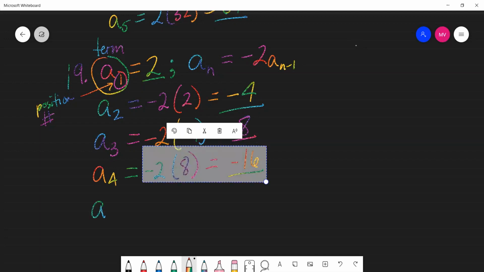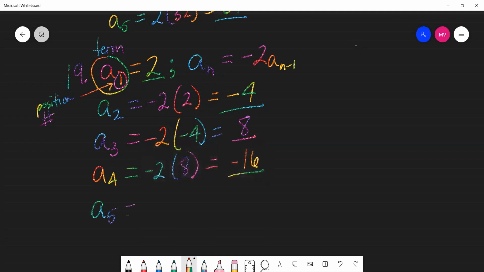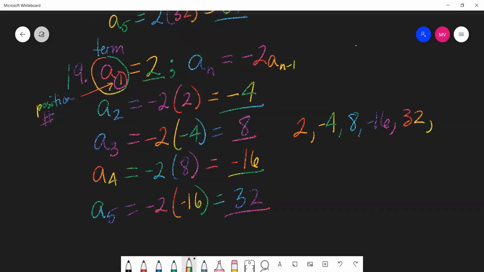And then the last one, the term at position 5, is equal to -2 times -16, which we know a negative times a negative is a positive, and 2 times 16 is 32. So our sequence is 2, -4, 8, -16, 32.